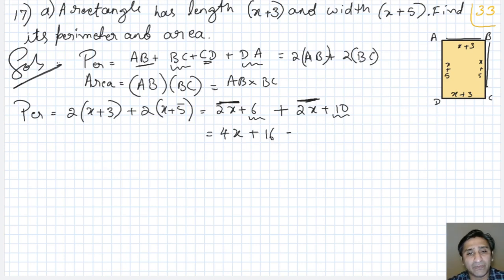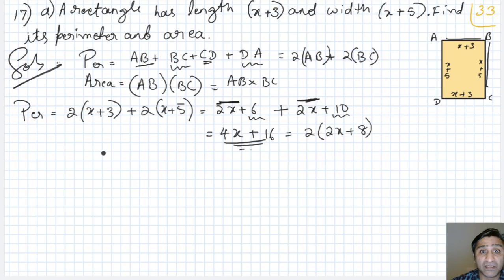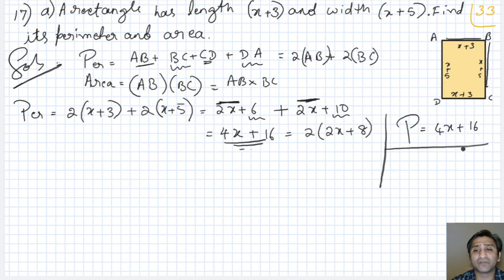So your perimeter is 2 times 2x plus 8, or to avoid all the things, you can just write it as 4x plus 16. So your perimeter is 4x plus 16. So that's your solution for the perimeter.